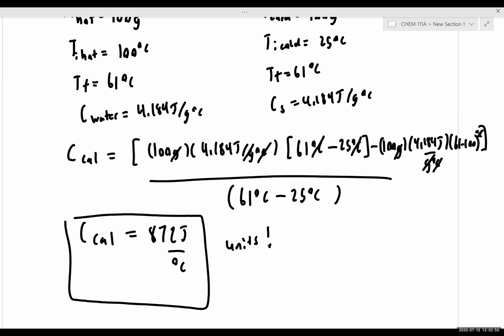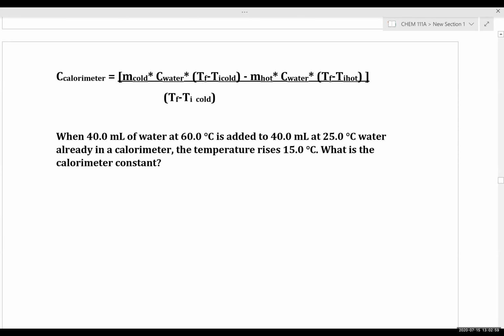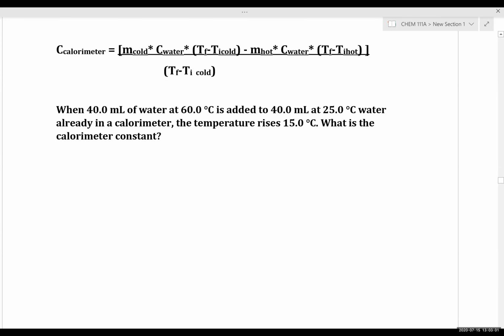Okay, now that we have this established, I'd like you to attempt the following problem and try to calculate the heat capacity of the calorimeter for the following experiment.